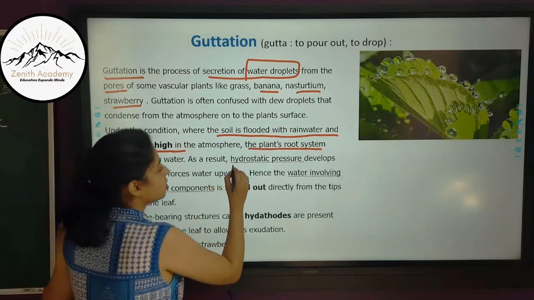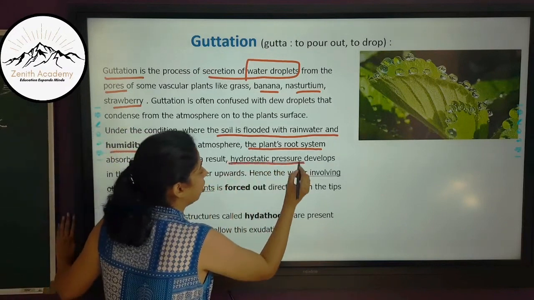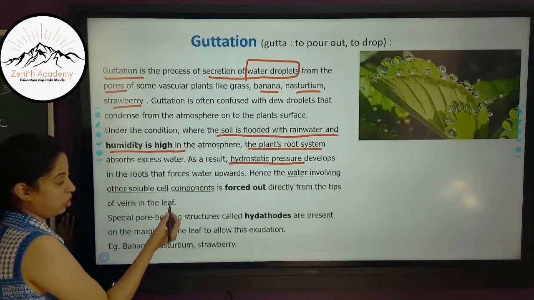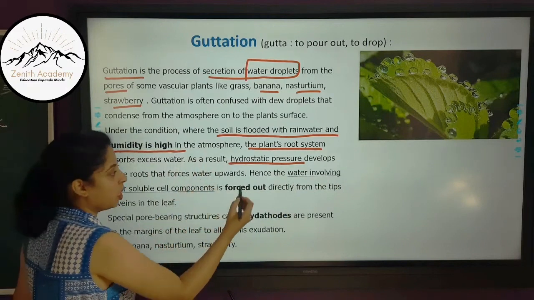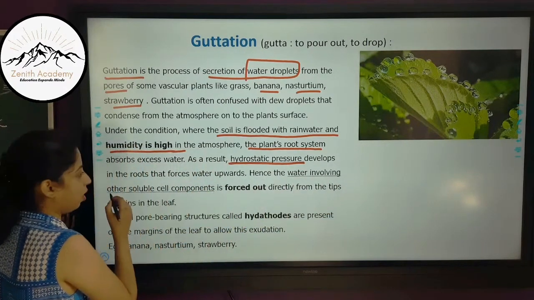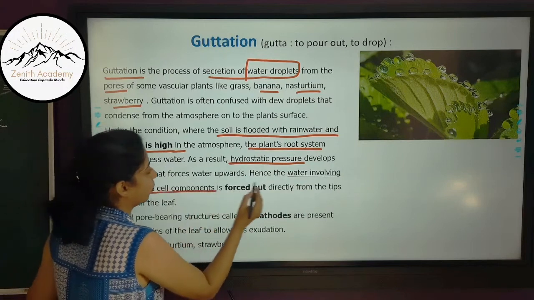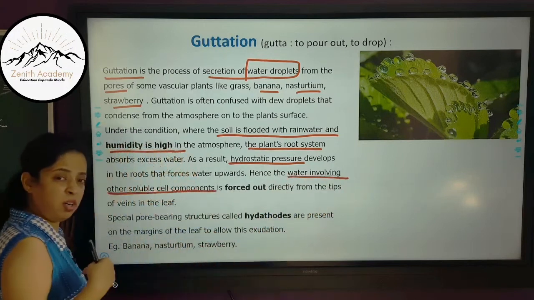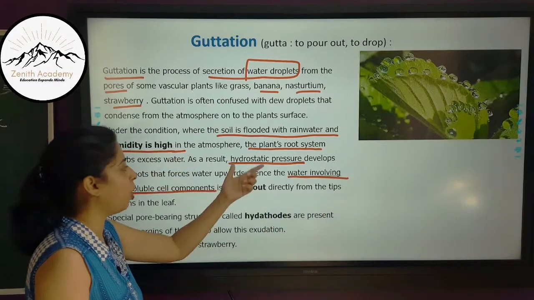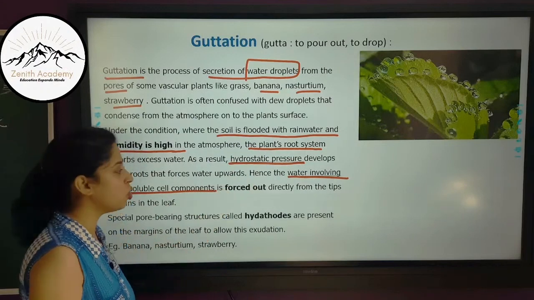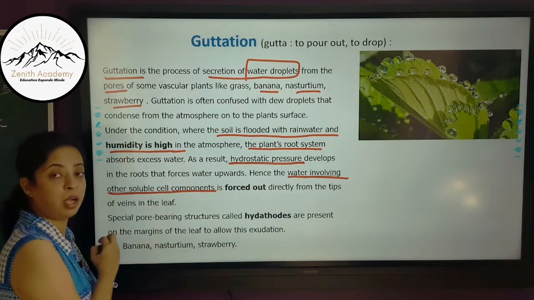As a result, hydrostatic pressure develops in the roots that forces water upwards. Now here the water which is pushed up due to hydrostatic pressure also has certain soluble cell components.